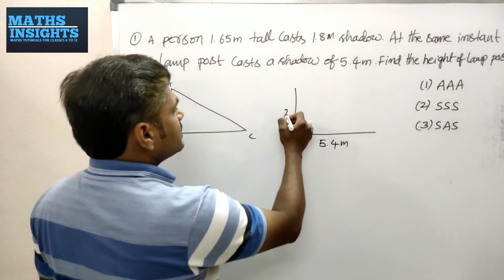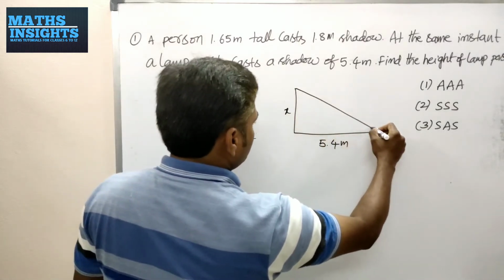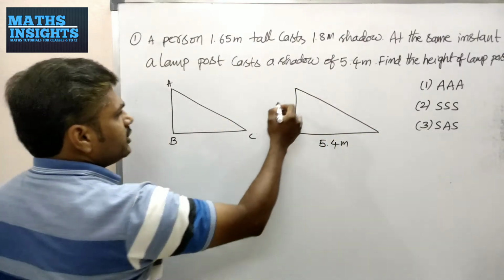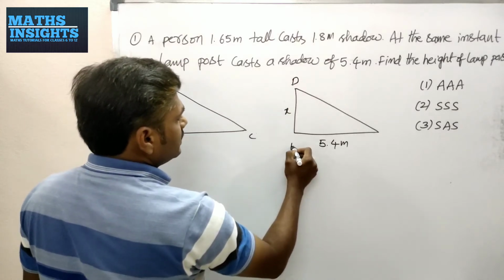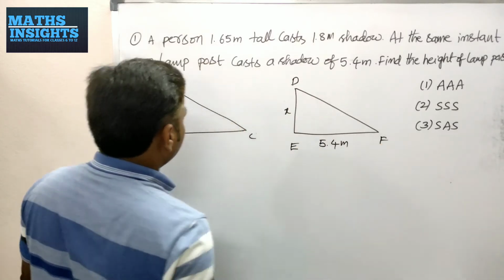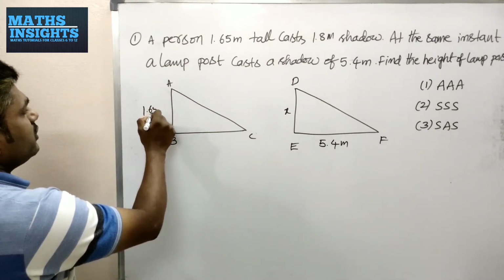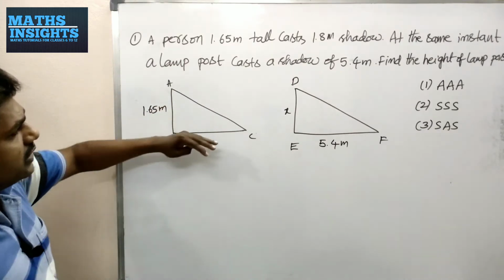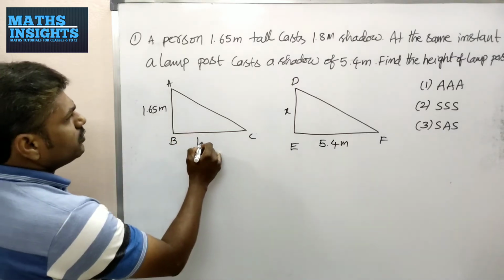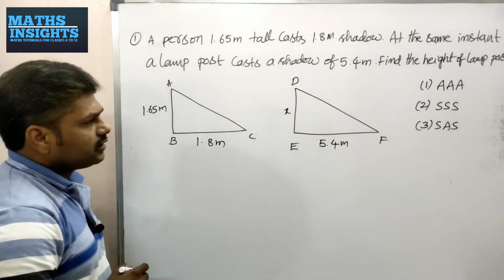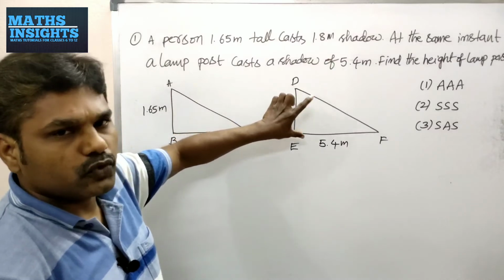Let it be X and join these two also. Let it be D, E, F. And here a person is 1.65 meters and the length of the shadow is this 1.8 meters. Then you have to find the height of the lamp post.